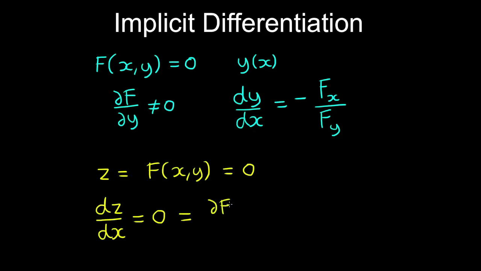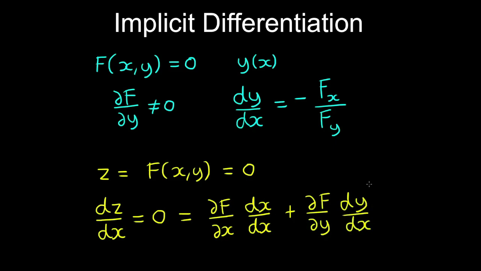So we have the partial of f with respect to x by dx/dx, plus the partial with respect to y by dy/dx. And this derivative evaluates to 1, being the derivative of x with respect to x. So we can get rid of this term, and then subtracting the partial of f with respect to x from both sides, and dividing by the partial of f with respect to y, we get this expression for dy/dx.